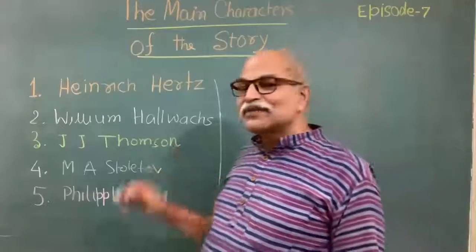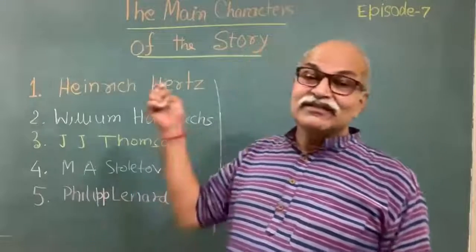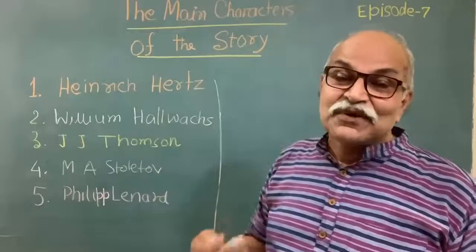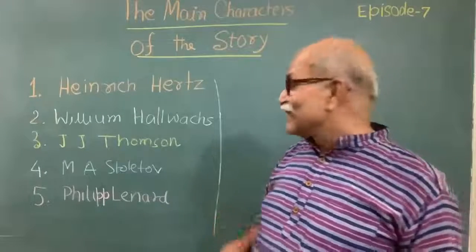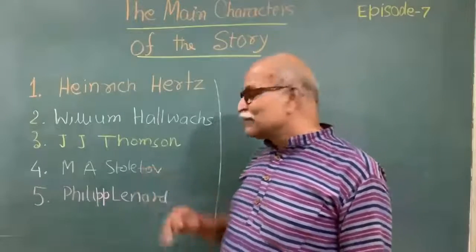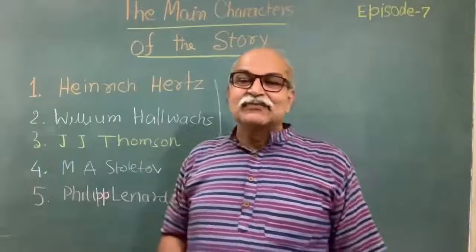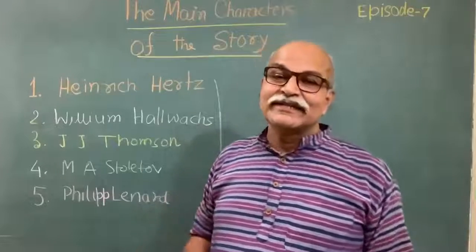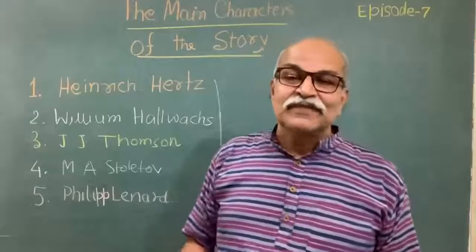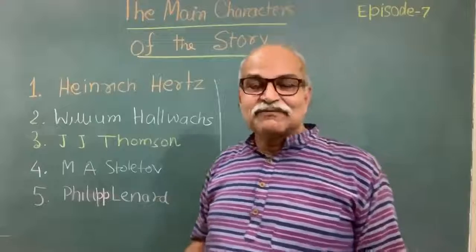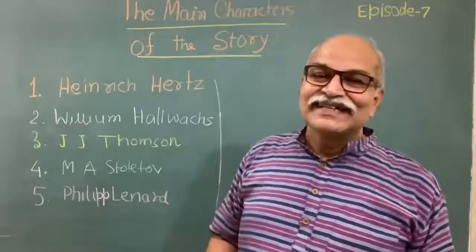And then J.J. Thomson, who showed that the cathode rays in the vacuum tube and these electrons which are coming out because of this UV light are the same, by measuring e by m. And then Stoletov doing some quantitative measurements on this photoelectric effect, coming out with the result that the current coming from this metal, that means the number of electrons coming from this metal, is proportional to the intensity of the light which is falling on that.